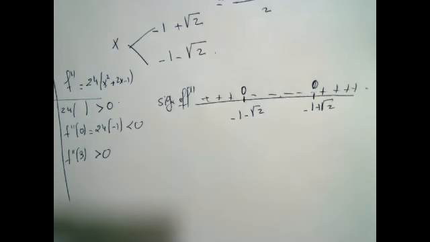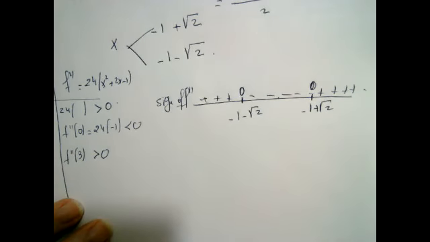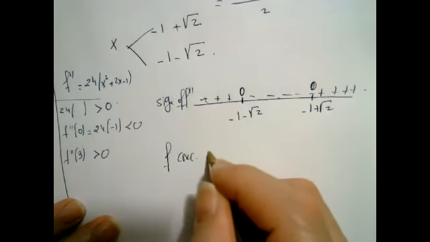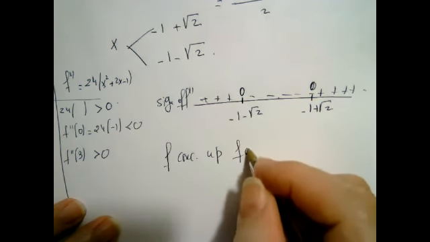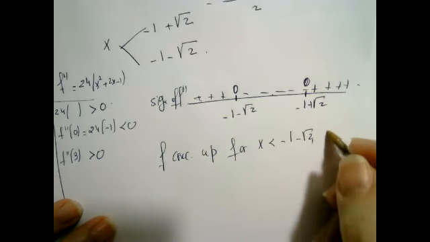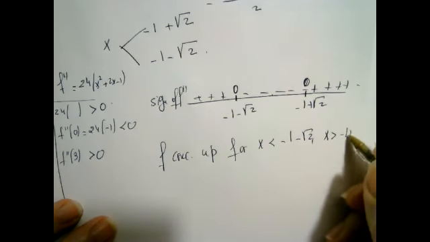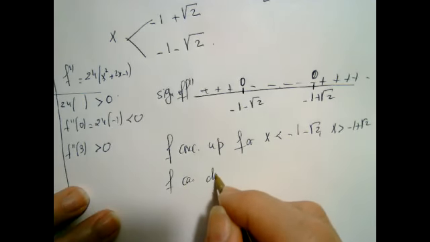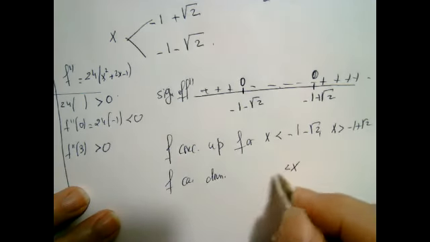So now what we have is everything we need. So my function is concave up for x less than minus 1 minus root 2 and bigger than minus 1 plus root 2. And it's concave down for x between those.